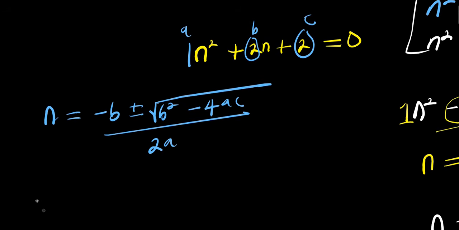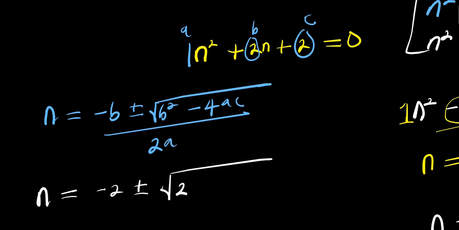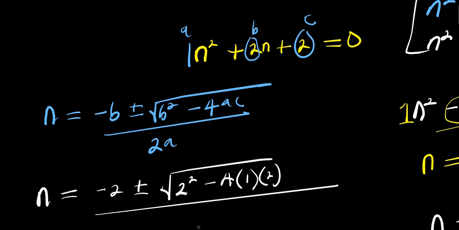We are going to have n equals negative b, that is negative 2, plus or minus square root of b squared, that is 2 squared, minus 4 times 1 times 2, divided by 2 times a, 2 times 1.